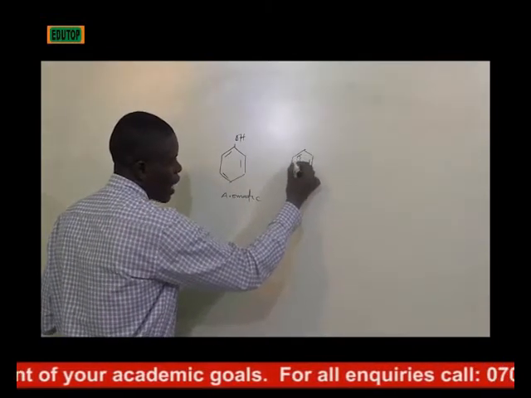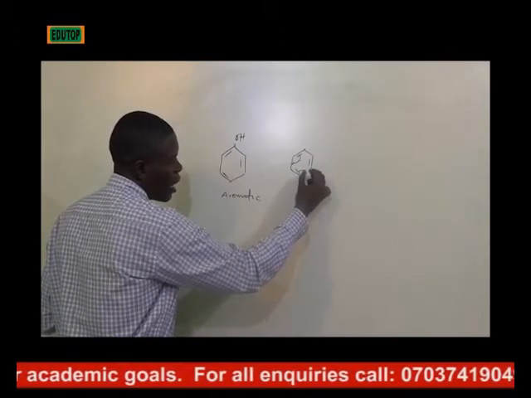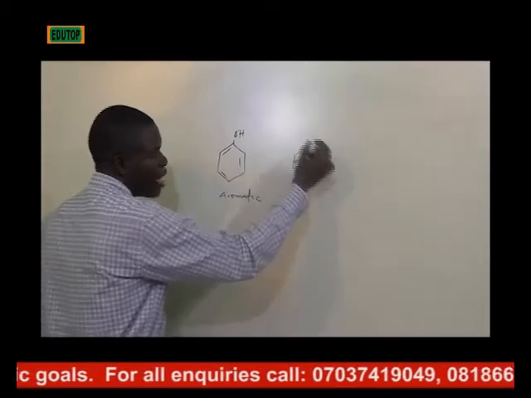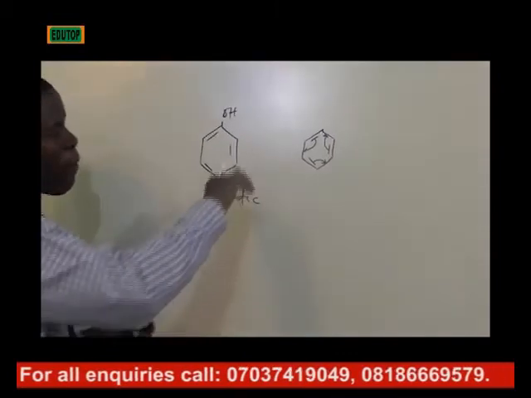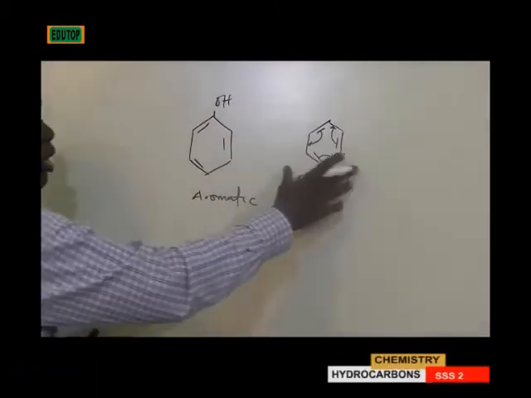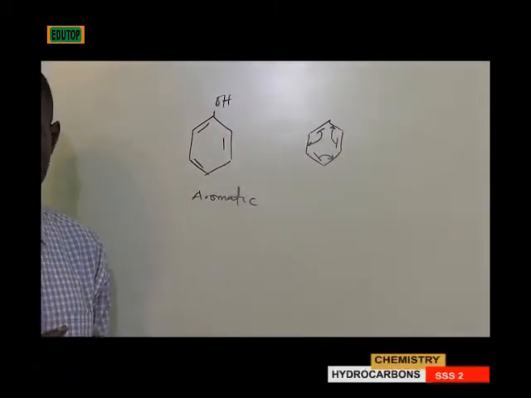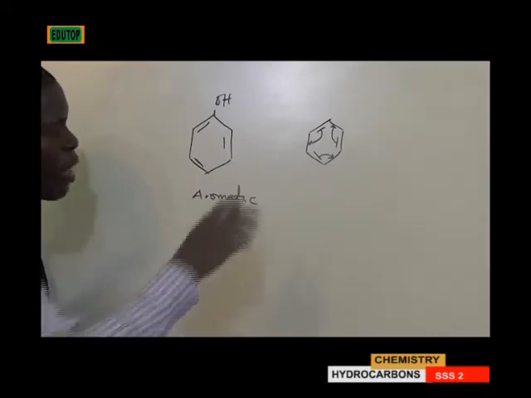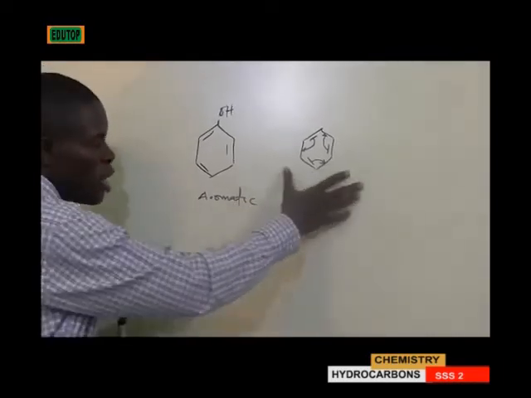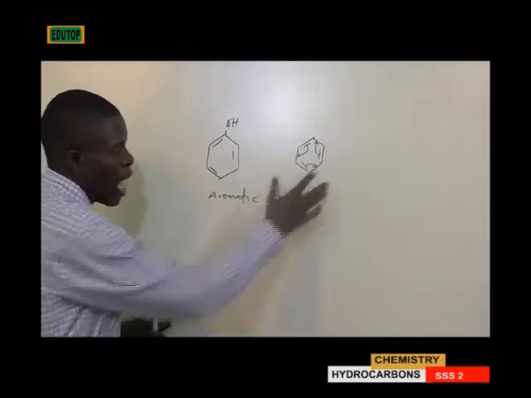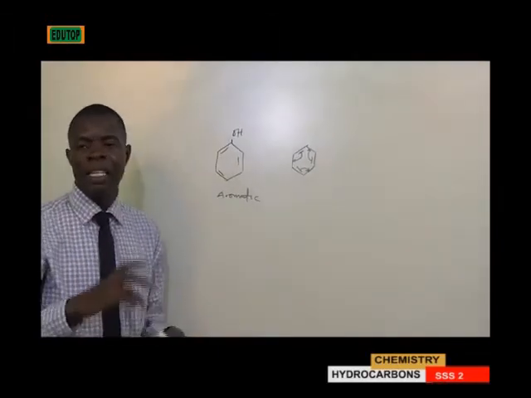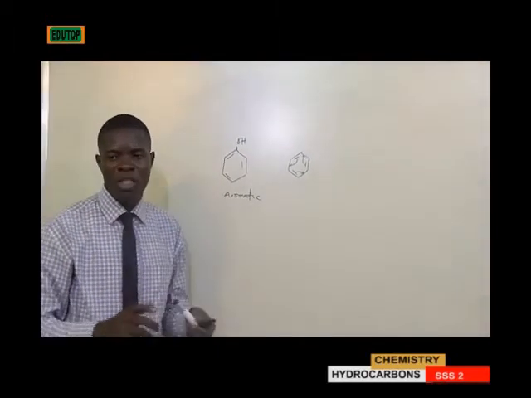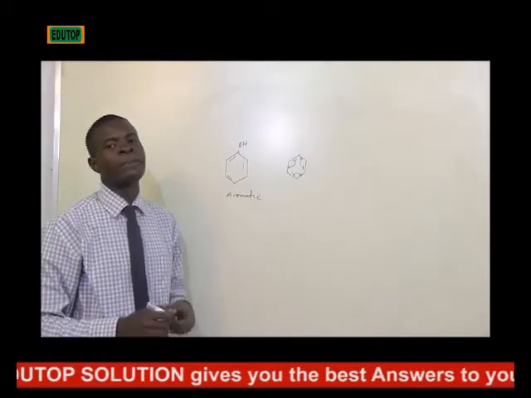When this one moves to this side, this one moves here, this one moves here, and the movement continues in a fascinating manner. That is what is called resonance. So a compound that exhibits this unique phenomenon is benzene, and this diagram has justified the claim. So the answer to question number 2 is benzene.